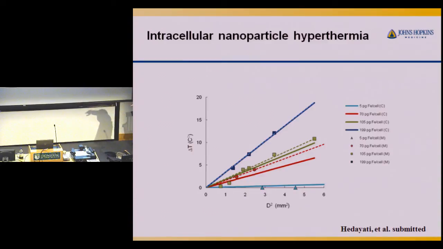So what are the different conditions? We've just varied the concentration of the nanoparticles in the cell. The dark blue has roughly 200 picograms of iron, so these guys are loaded to the gills with particles. The green has about 100 picograms of iron per cell, red 70, and the light blue is 5 picograms of iron.